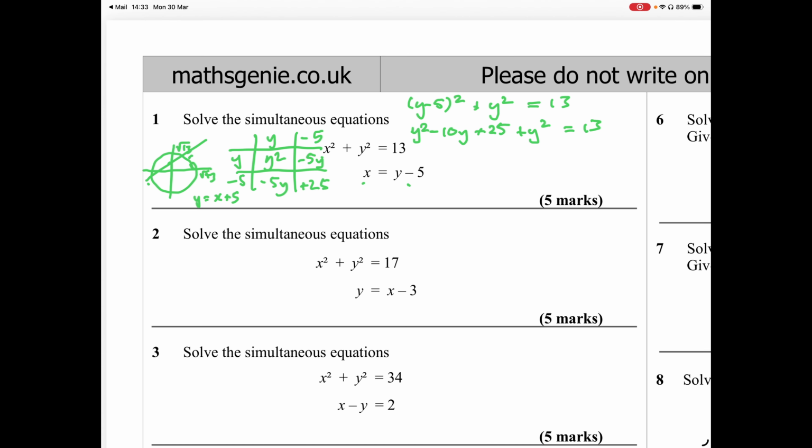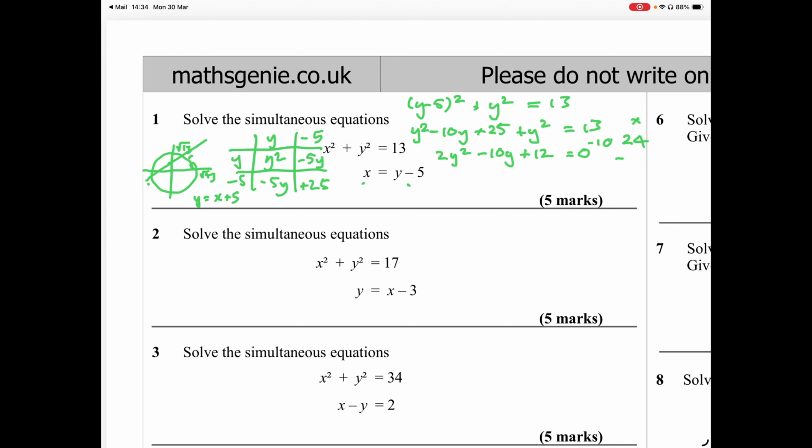Now to solve this, we've got to bring the 13 across. So we get 2y squared minus 10y, and then we take the 13 off both sides, so we get plus 12 equals 0. Now, in order to solve this, we need something that adds to minus 10 and multiplies to 24.